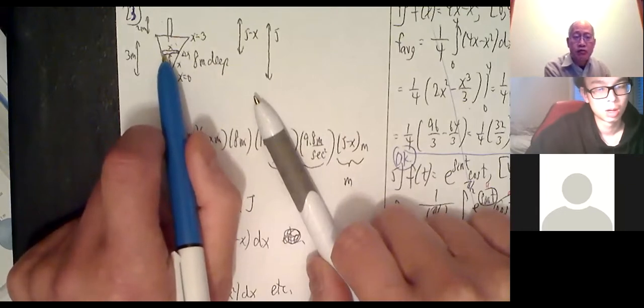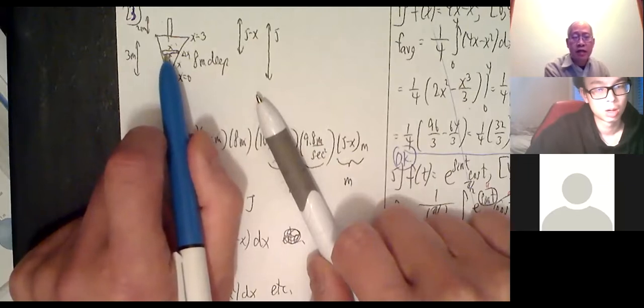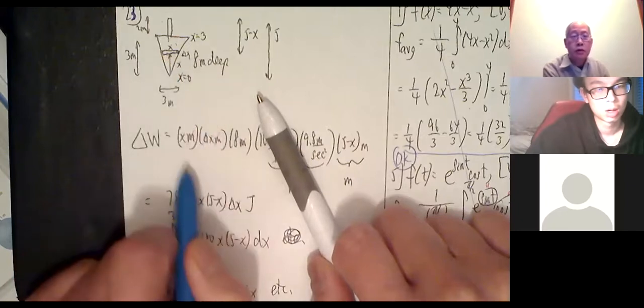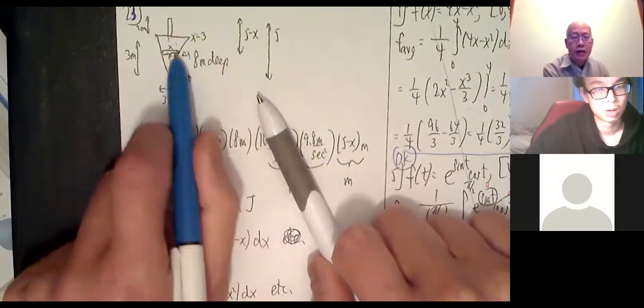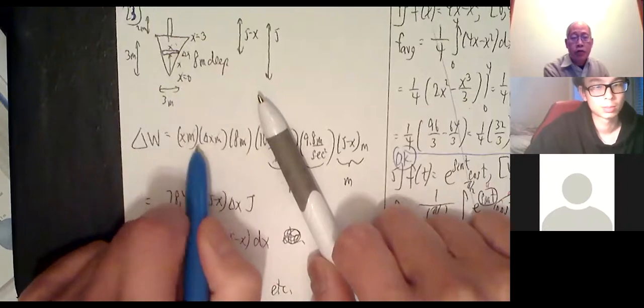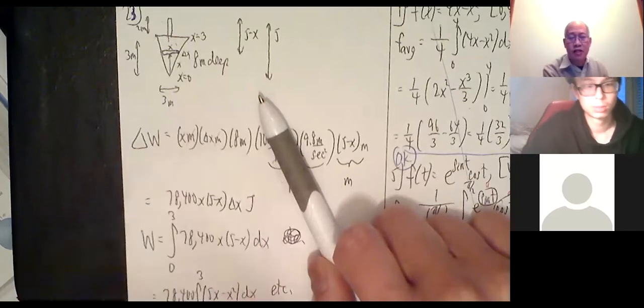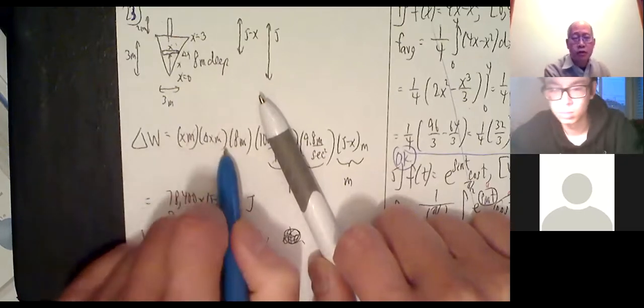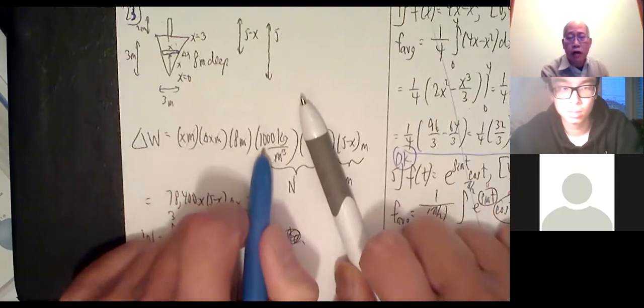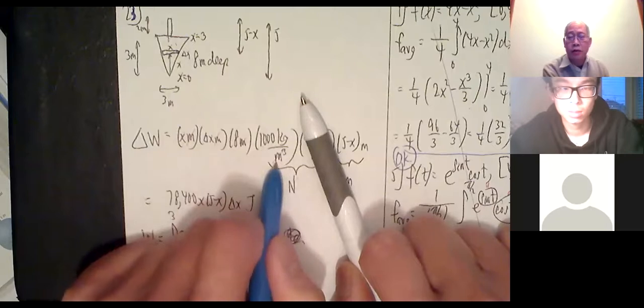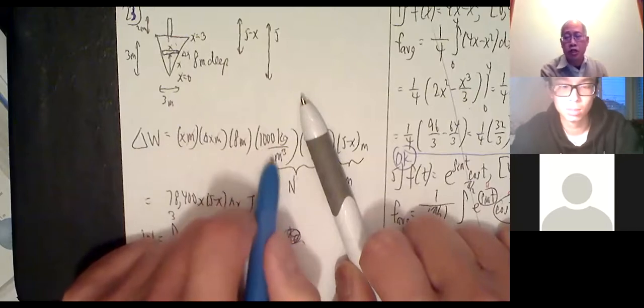But if delta x is really, really small, it looks more and more like a rectangle. It's more rectangular-ish. And in the limit, it is a rectangle. So it's x by delta x by 8. Right now I have meters cubed. So we're playing this game of units analysis again. I can convert it to kilograms because I know water is 1,000 kilograms per meter cubed. You can put that on your cheat sheet if you want.